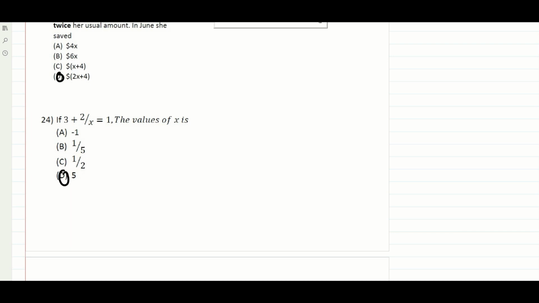Right? So what you would do is you would say 3 plus 2 over x is equal to 1. You will multiply this entire thing by x, so you'll get 3x plus 2 is equal to x. So now you will carry across, so 3x minus x is equal to negative 2 because I carried across this 2.